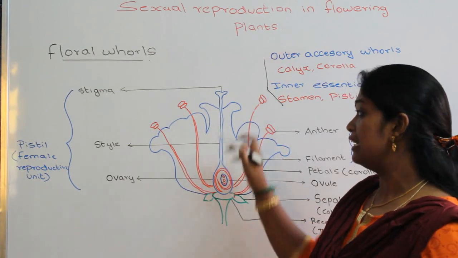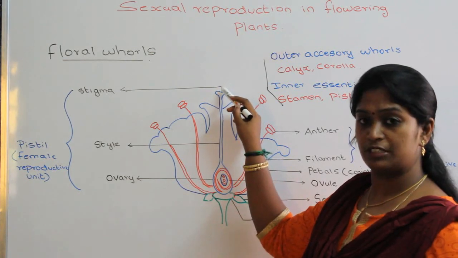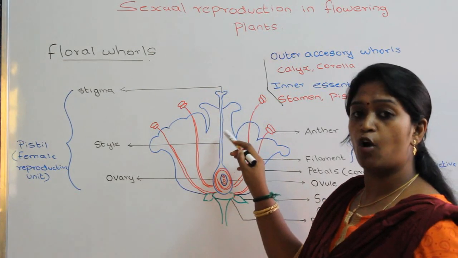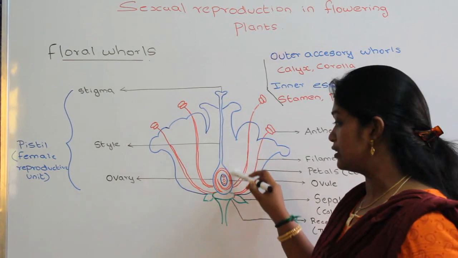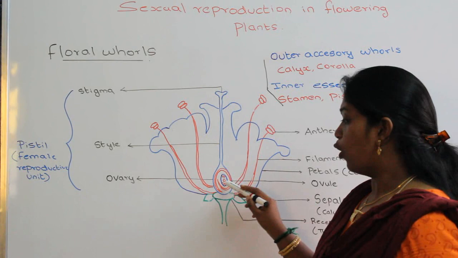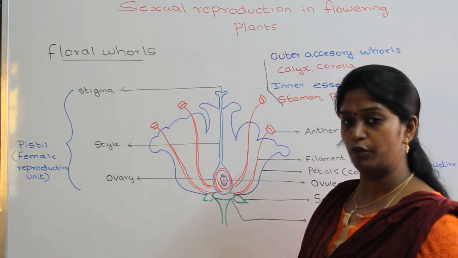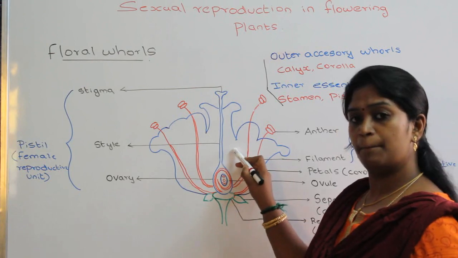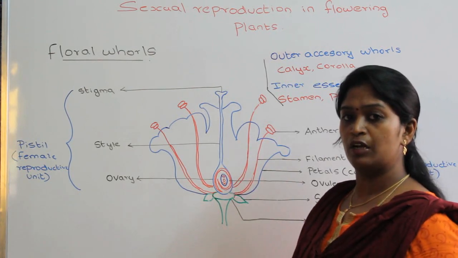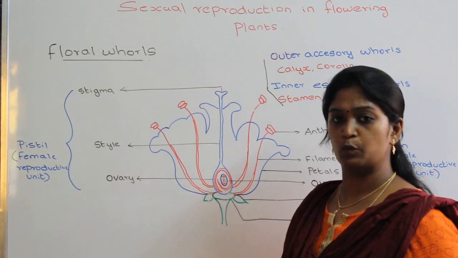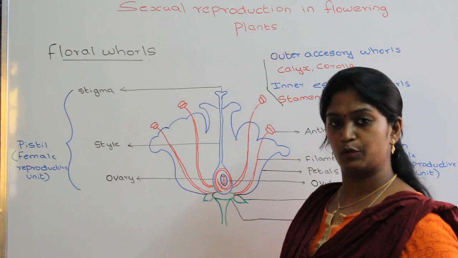The style is again a slender tube. Once the pollen gets attached to the stigma, the style becomes a hollow tube called the pollen tube, through which the pollen reaches the ovary. The ovary is the basal part of the pistil, which consists of the ovule. Once the pollen enters the ovary, it fuses with the ovule to give rise to the fruit, where the ovule forms the seed of the fruit.